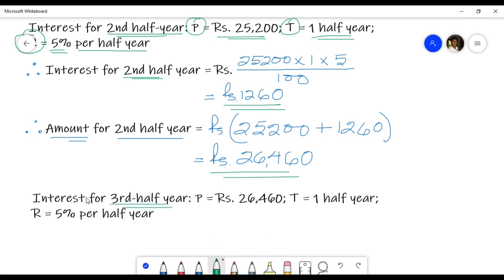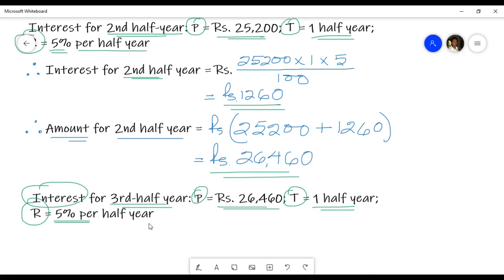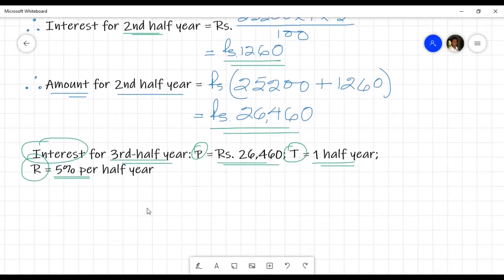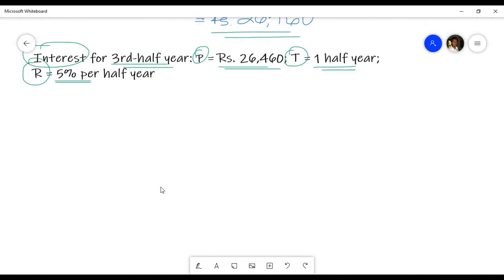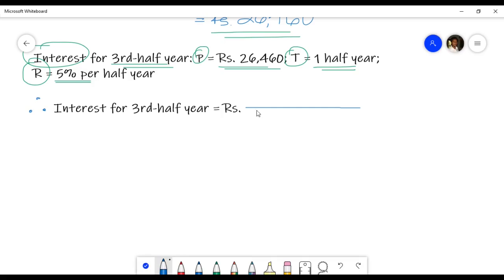Now the last half year, that's what we have to find now. Interest for the third half year. Remember, we have 3 half years. The principal for this third half year will be the amount at the end of the second half year, that's why it is rupees 26,460. Rate is 5% per half year. We are finding interest for the third half year.